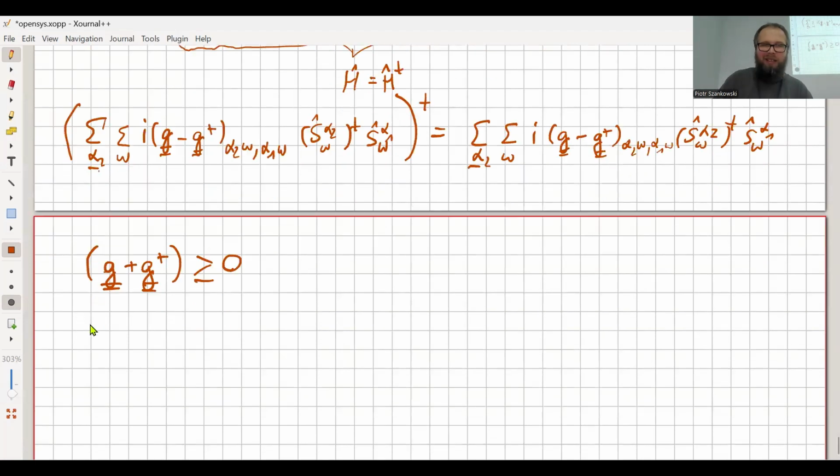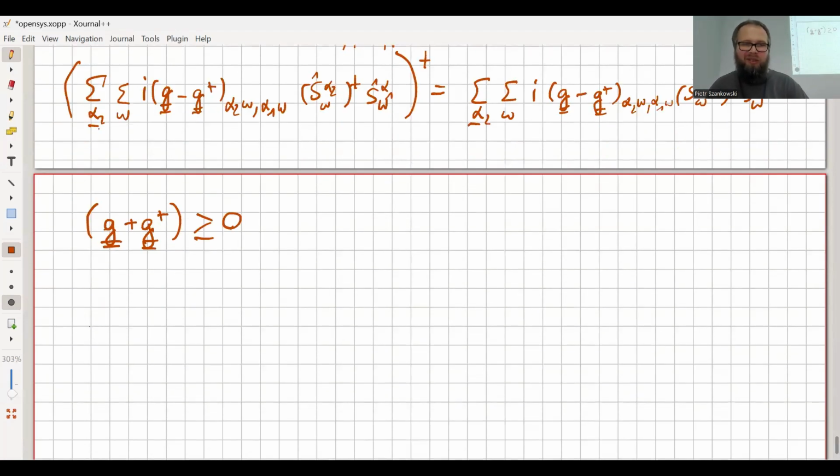So let us check if this G is positive. To check if a matrix is positive, one of the methods is to take the average value on some vector of this matrix.